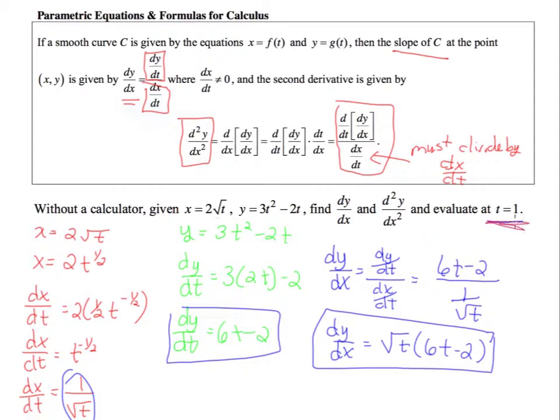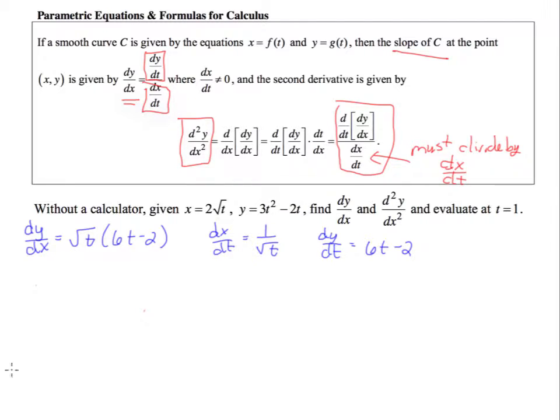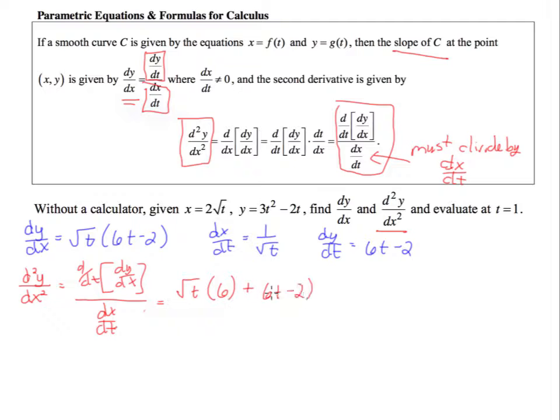Simplifying this fraction down, we'll end up with square root of t times 6t minus 2. So we were asked to evaluate the first derivative at t equals 1. So we simply use substitution, replacing every t with 1 to end up with 4. Next, we were asked to find the second derivative of y with respect to x evaluated at t equals 1. So that's just our first derivative divided by dx/dt. So our first derivative, I'll need to use the product rule to figure this out.